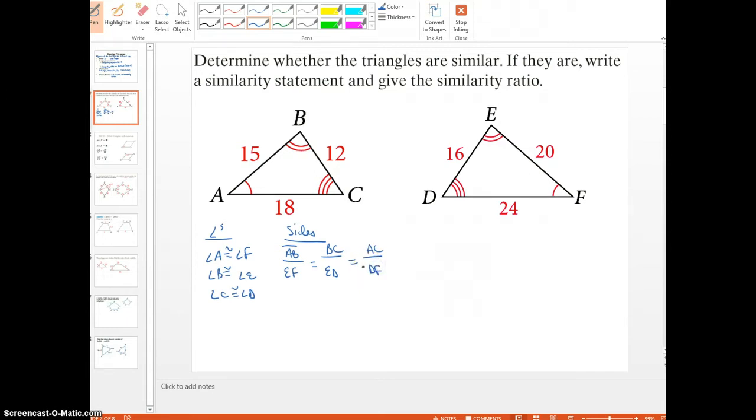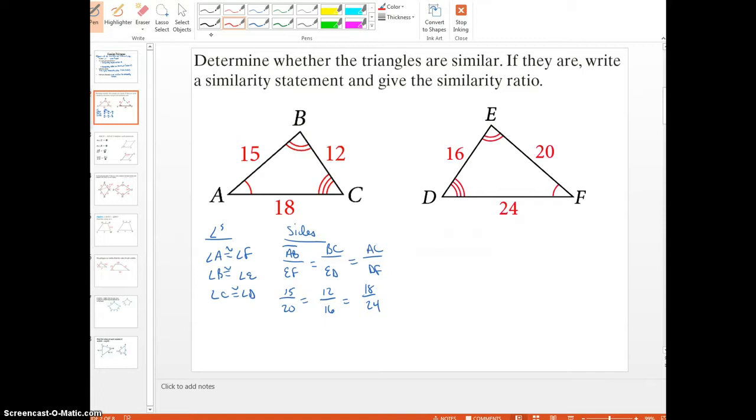So we're writing all the ratios in terms of their sides. Now if we put the lengths in there, that would give us 15 over 20 equals 12 over 16, which equals 18 over 24.